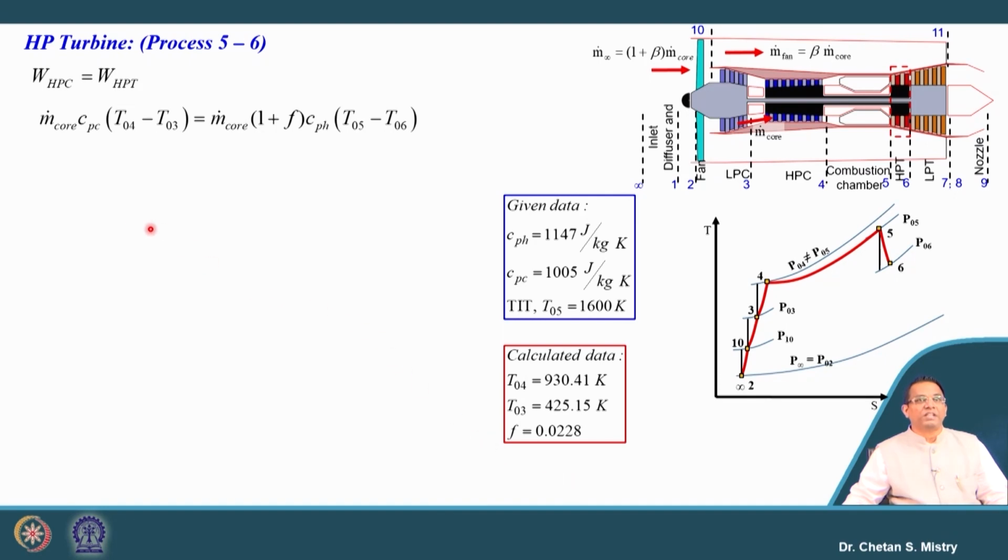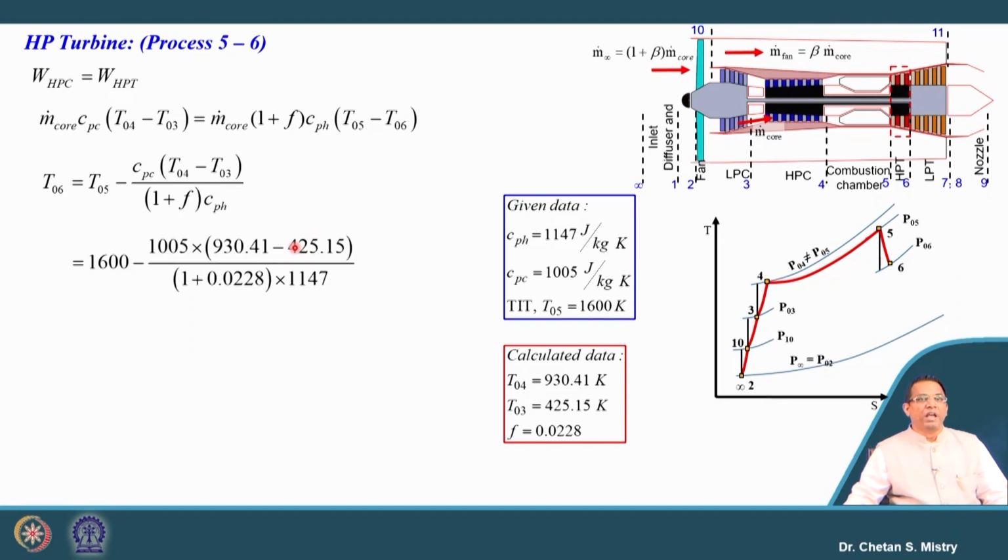This work balance is given by m dot core Cp (T04 minus T03), that is my compressor work, which is equal to m dot core into (1 plus F) Cp (T05 minus T06). Let us put in this equation, and that gives us the exit temperature from the HP turbine, and this number is coming to 1167.16 Kelvin.